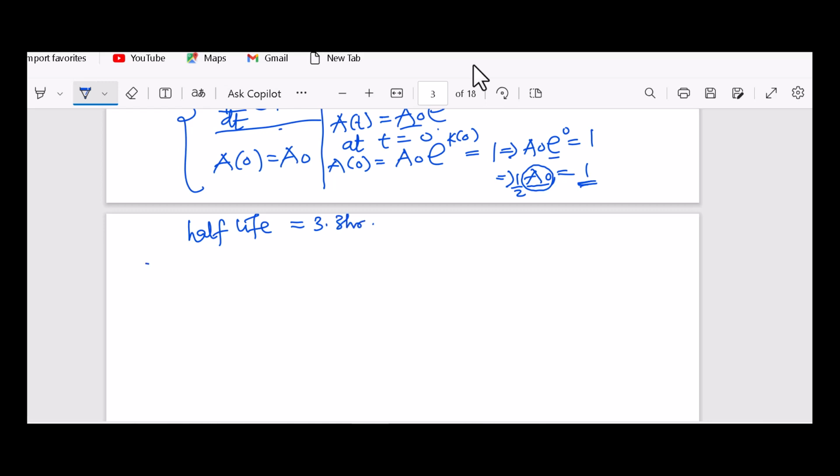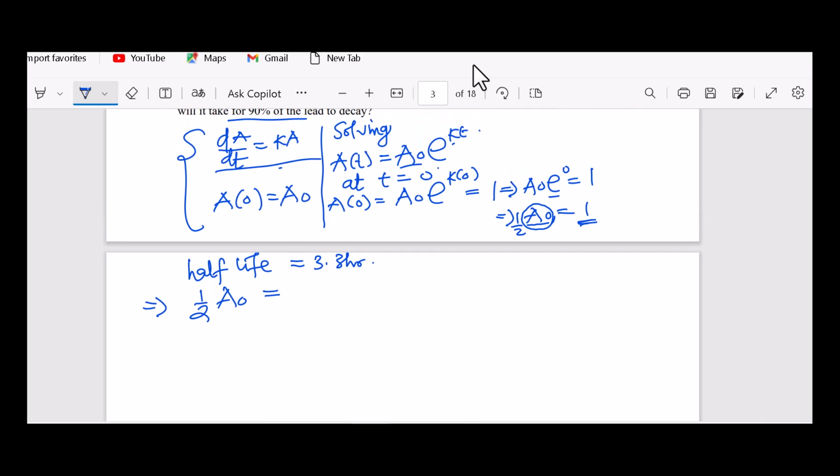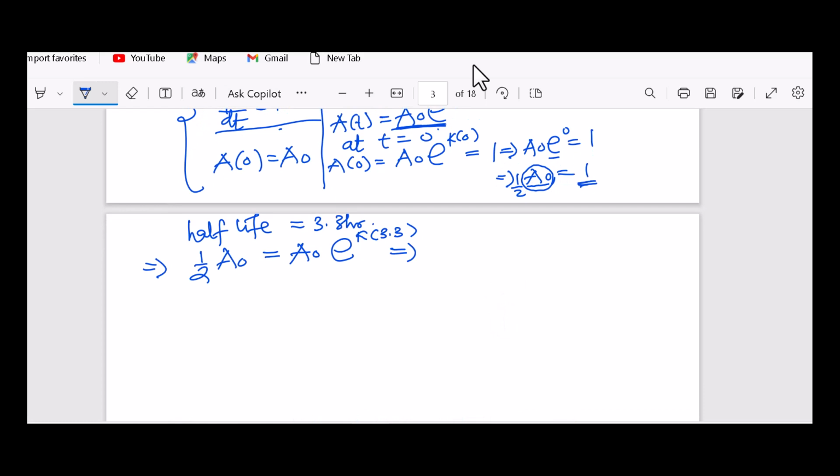Now this will imply that half of A naught will be equal to, what is the model? The model is this. This is our solution: A naught e power k times the time needed for this one to be half A naught, which is 3.3. That's the meaning. So substituting, A naught is here, A naught is here, we can just divide; this and this will go.